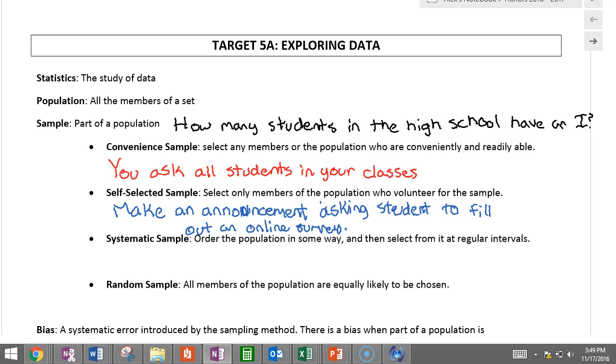In a systematic sample, we order the population in some way and then select from it at regular intervals.